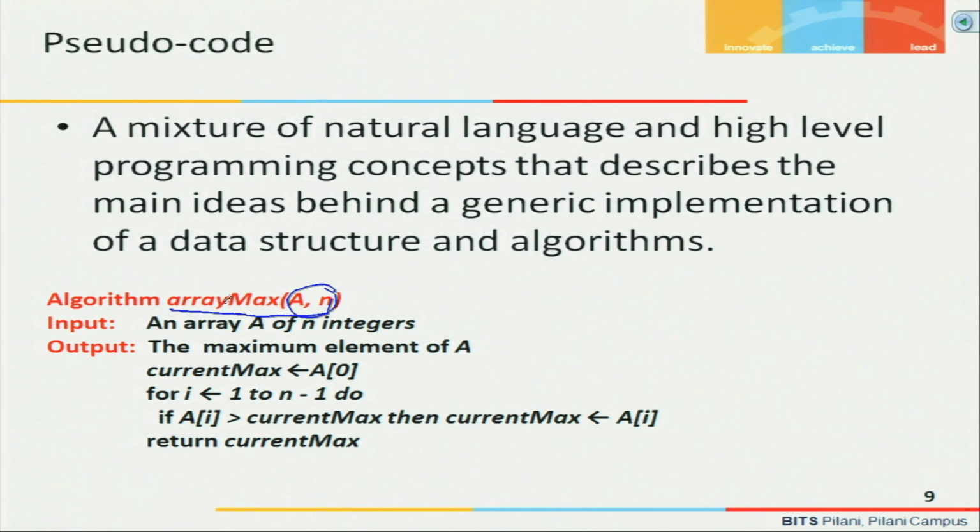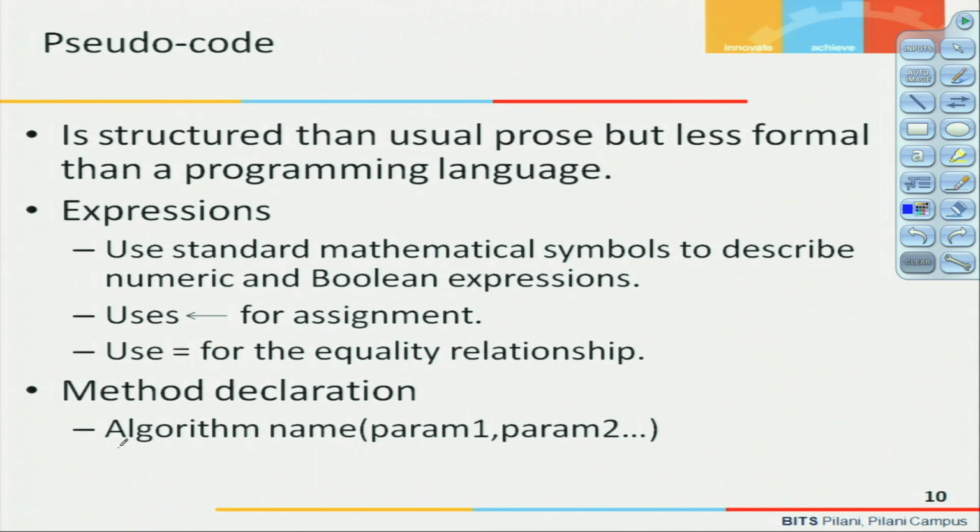The function here is max, and the parameters for the function are an array A of size n. Right. So, here what you have is precisely the algorithm name, where in the earlier slide it was max, the parameters were the name of the array and the size of the array. In general you could have more than 2 or 3 parameters. So, that is just the structure of a pseudocode as we are going to use in this particular course.